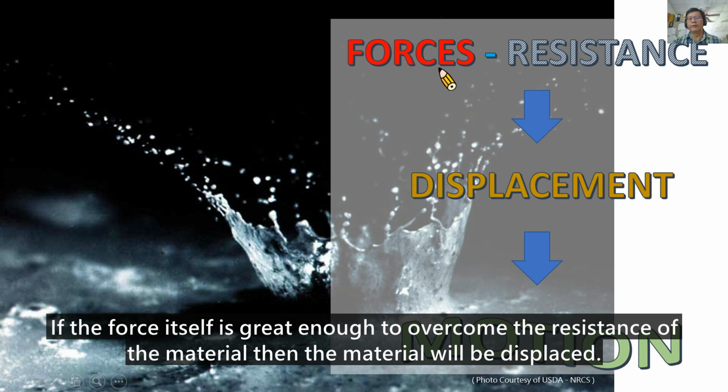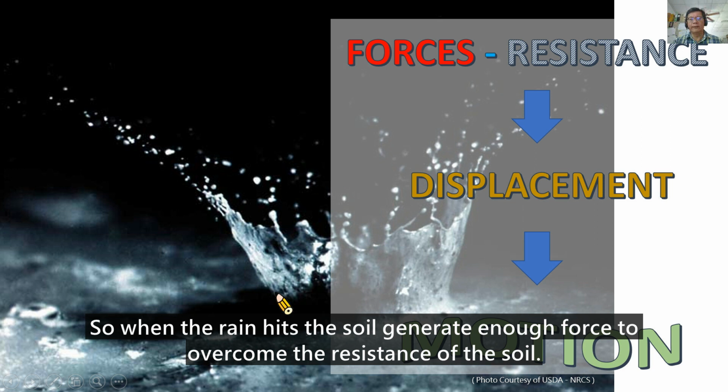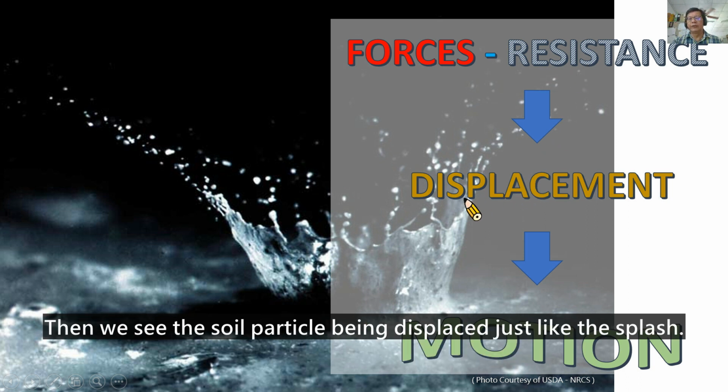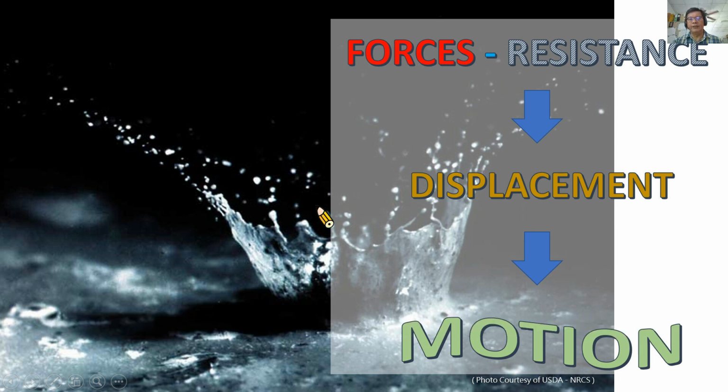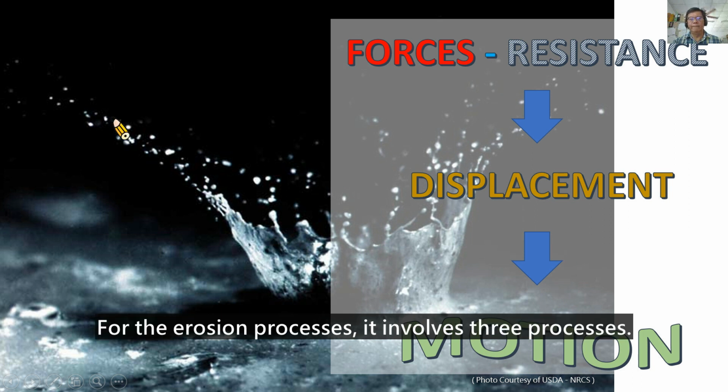If the force itself is great enough to overcome the resistance of the material, then the material will be displaced. So when the rain hits the soil and generates enough force to overcome the resistance of the soil, then we see the soil particle being displaced, just like the splash. And then we see the motion of the splash.